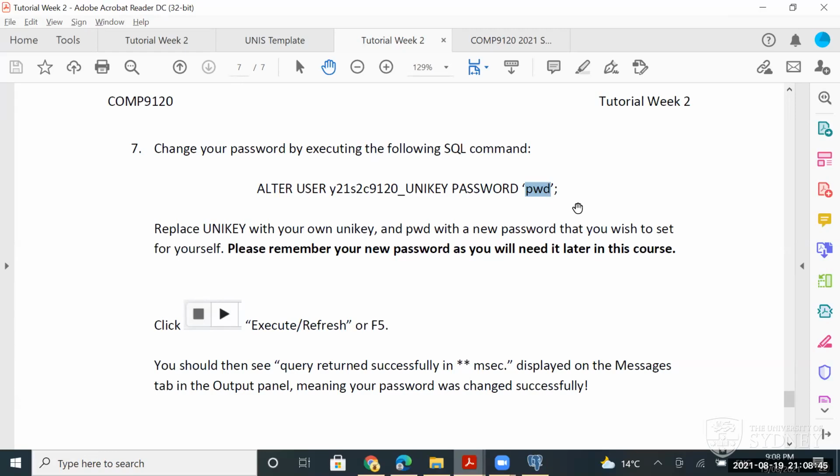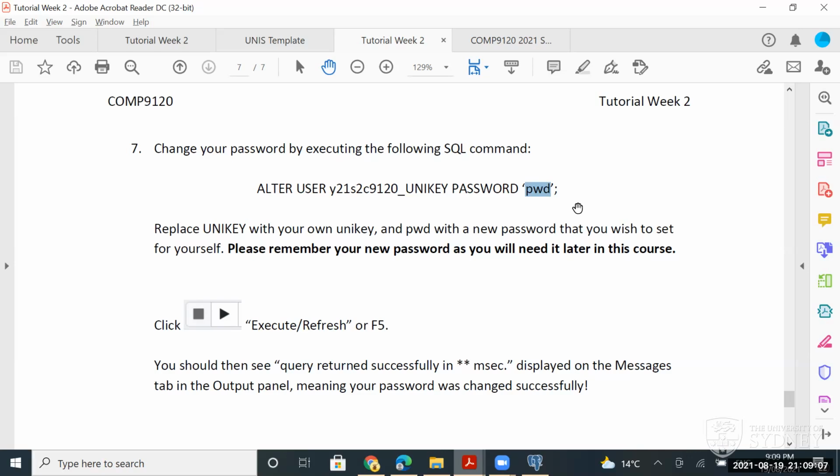If you forget your new password in the coming weeks, I will not be able to help you reset your password. So once you change your password to a new password, you have to remember it, because I will not be able to reset it.